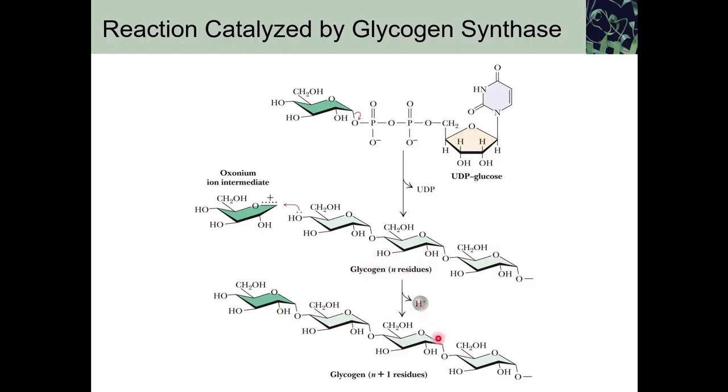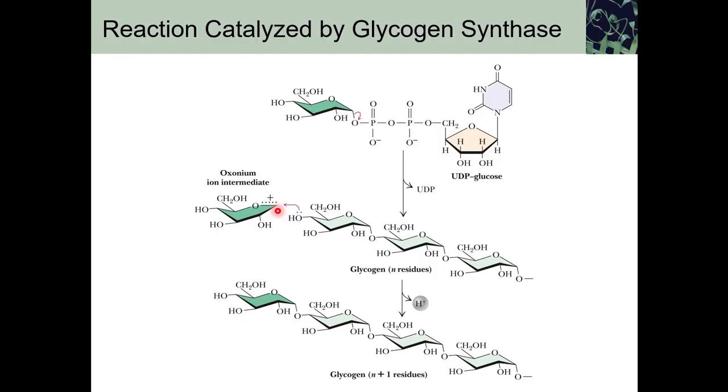Okay, now this is happening not just at one end of a branch. Remember, this is happening at many ends, the non-reducing ends of the many branches of the glycogen molecule.